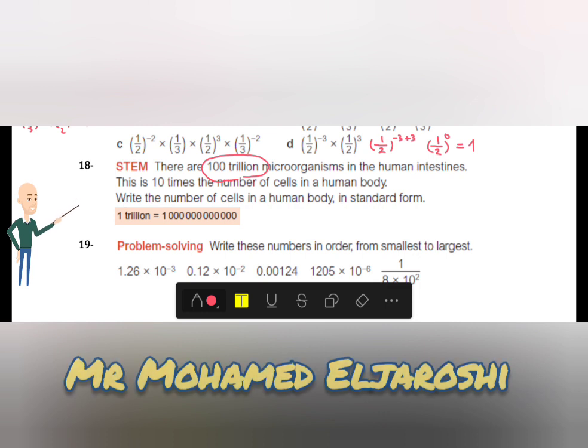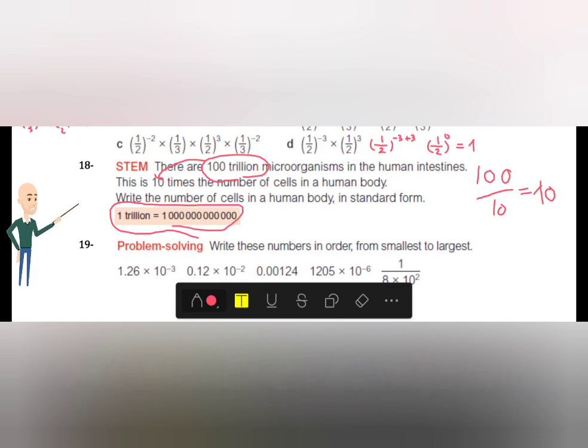So what they want is the number of cells in the human body. So we take this number and divide it by 10 because it's 10 times the human body. So 100 divided by 10 equals 10. So the number of cells in the human body is 10 trillion. And as we said, this number here is 1 trillion.